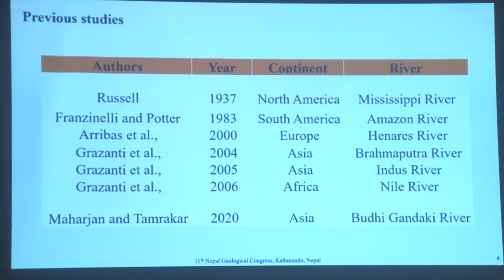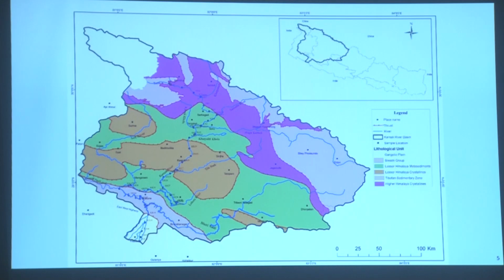These are some of the names of the researchers who have done research in different rivers of different continents. This is the map of the study area, showing the geological boundaries and tectonic units of the Karnali River basin.